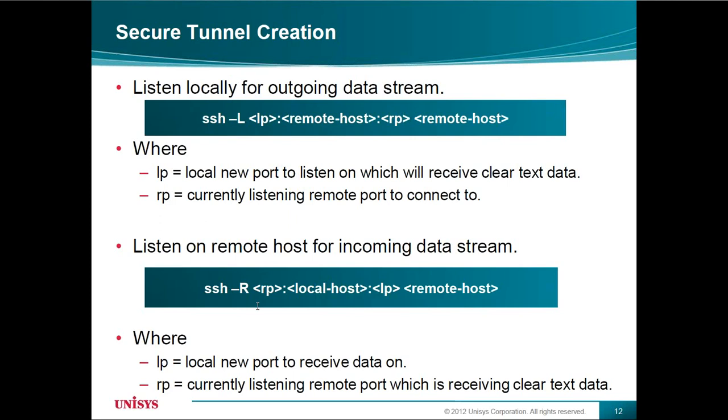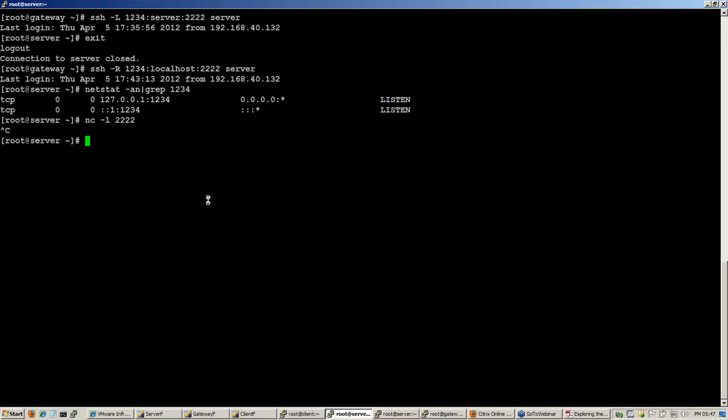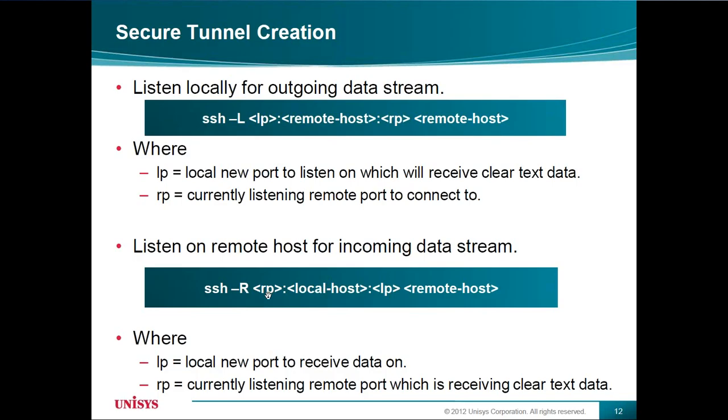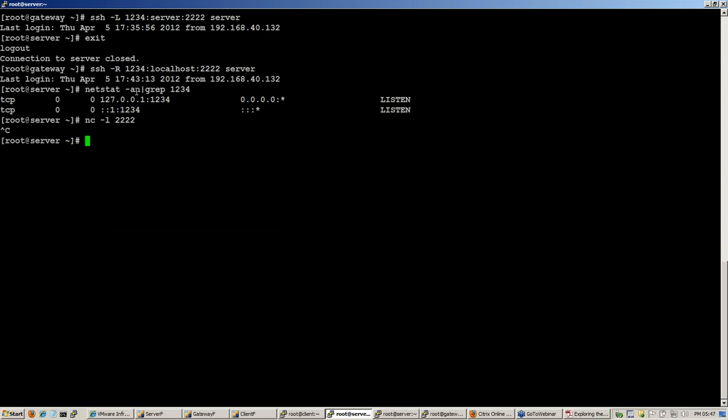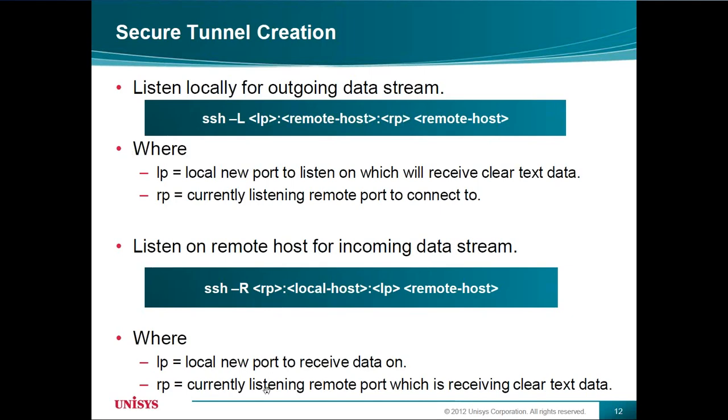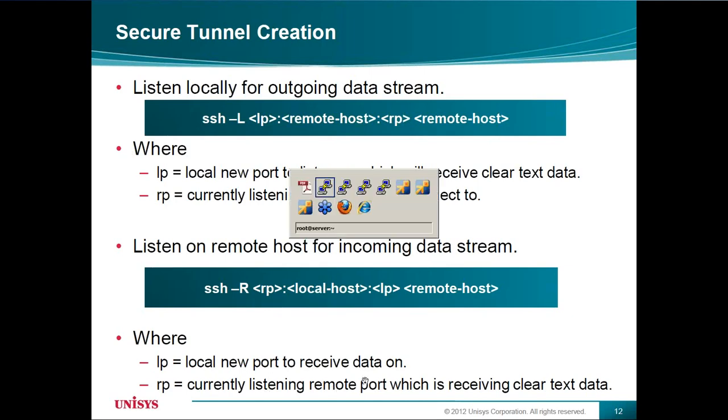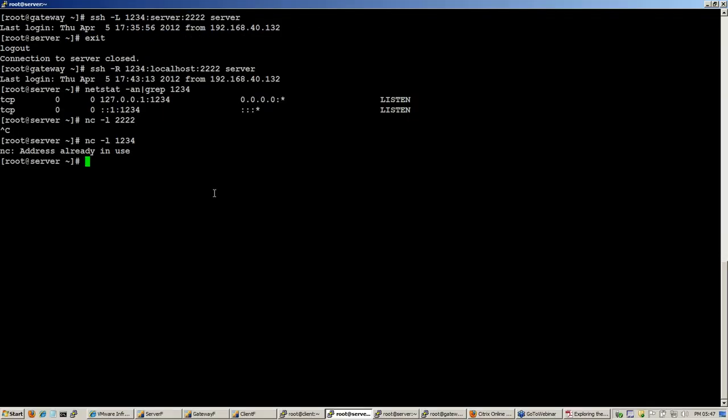So I should be making RP, which is 1234, listen on something on the remote host, which is the server. Okay, I think I need to send this traffic to.